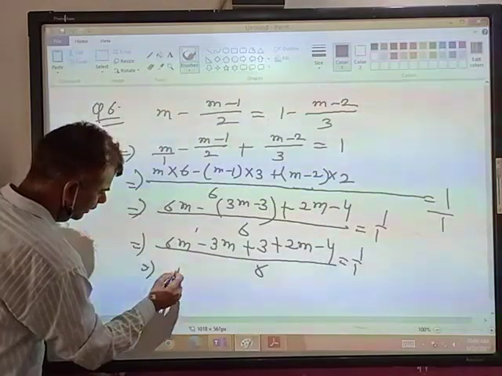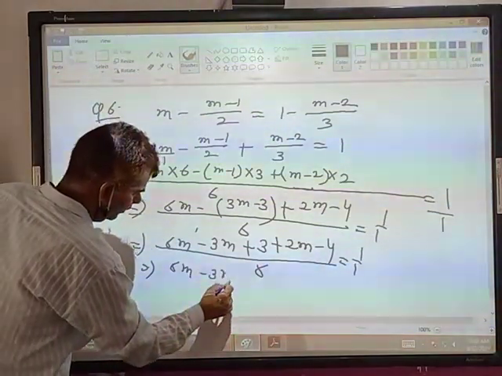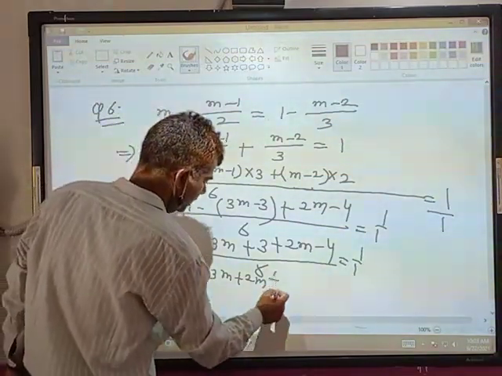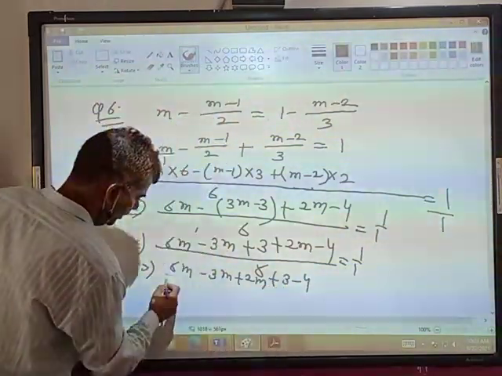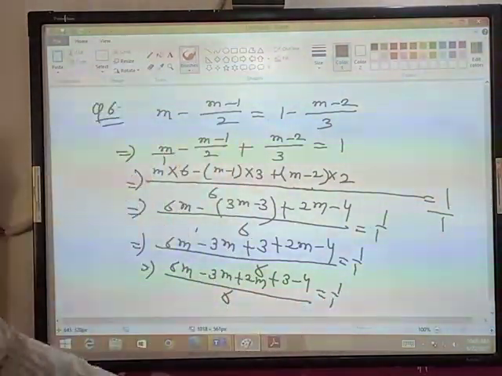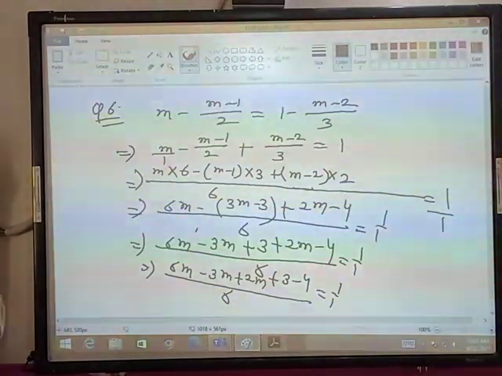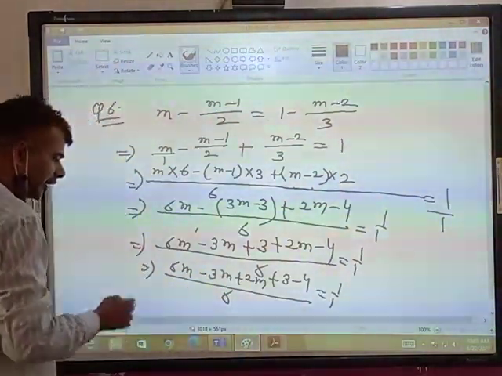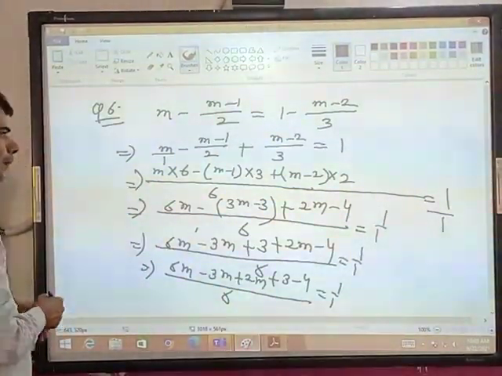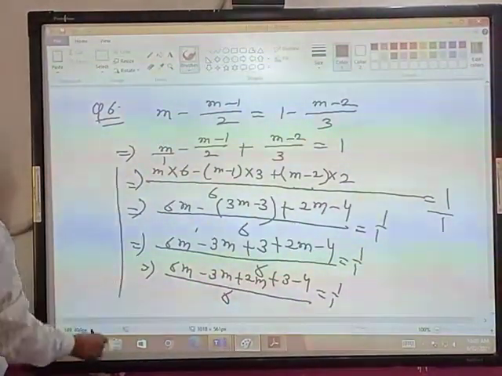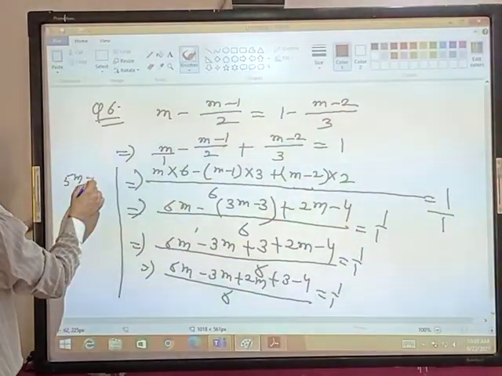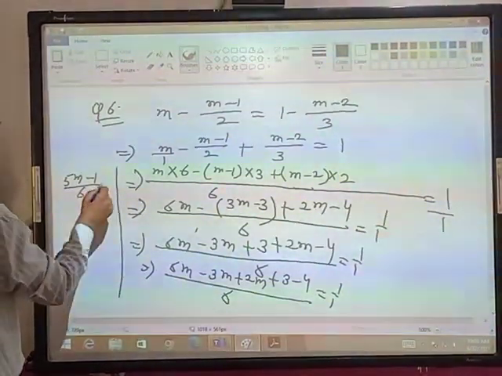Now student, 6m minus 3m plus 2m, plus 3 minus 4, divided by 6. Solve the variables: 6m minus 3m plus 2m, 6 plus 2 is 8, 8 minus 3, 5m. Then 5m minus 1 upon 6 is equal to 1.